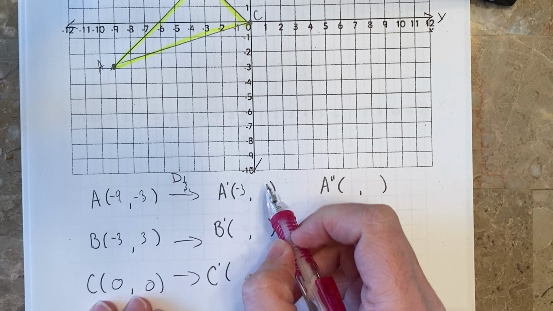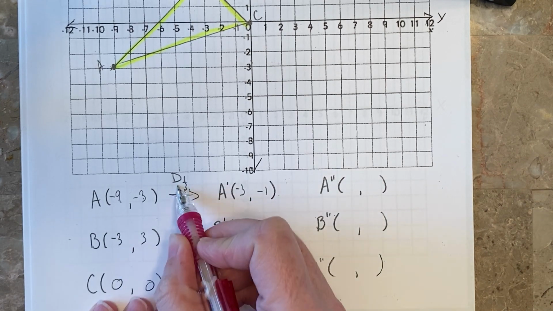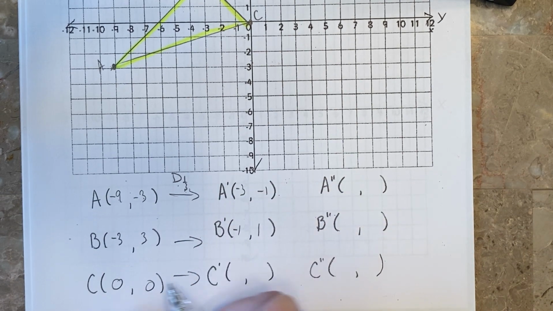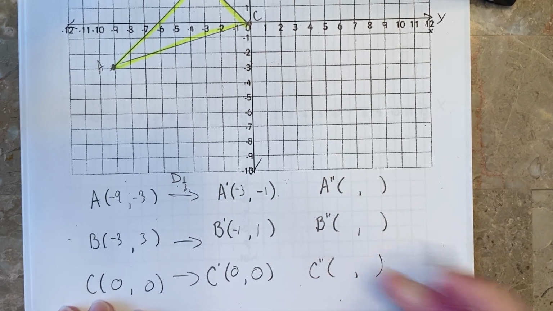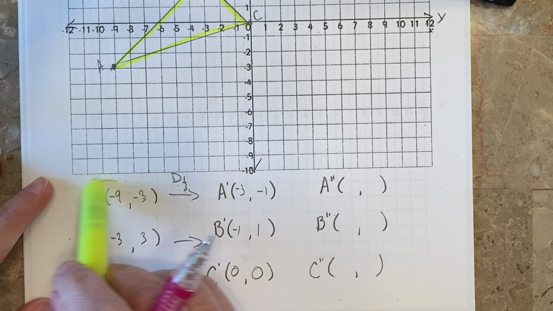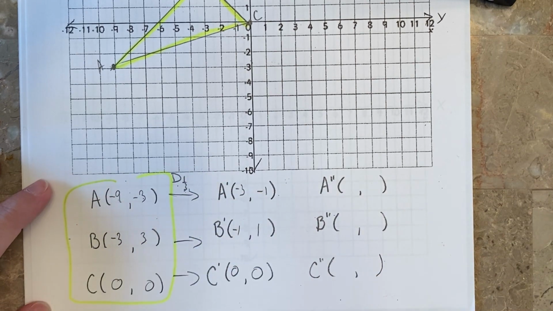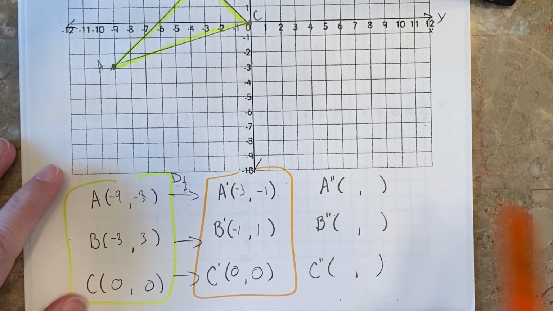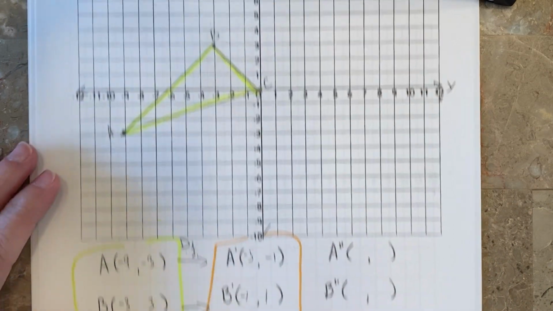And then -3 times 1/3 is -1. 3 times 1/3 is +1, and these are going to stay 0. So this was your original. Okay, we use that original to get our dilation, which we're going to plot right now.